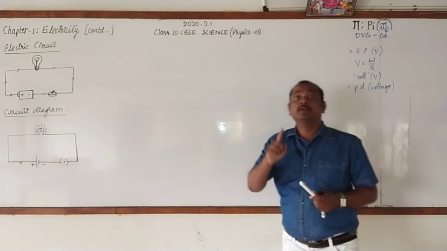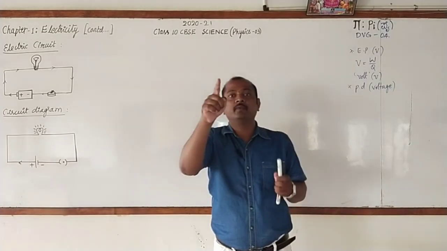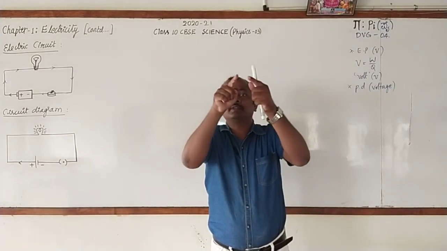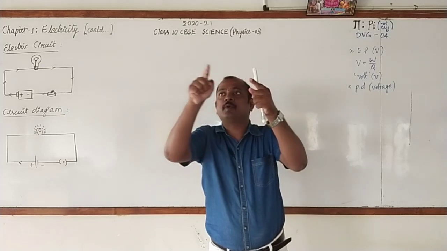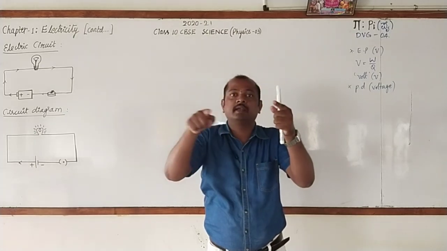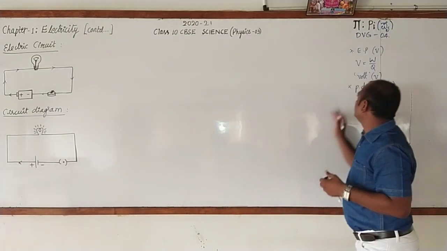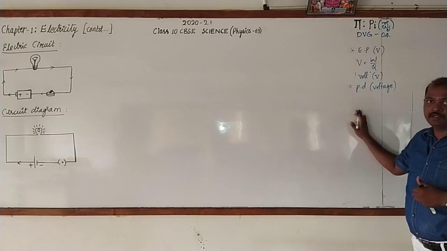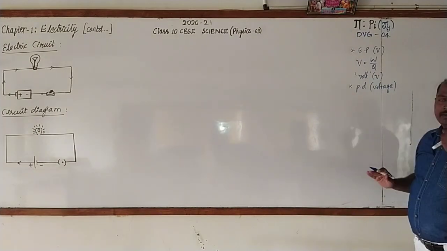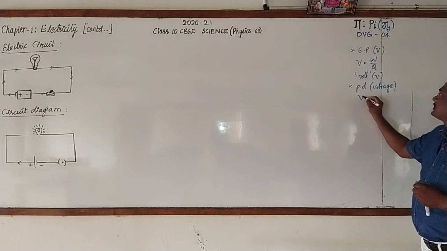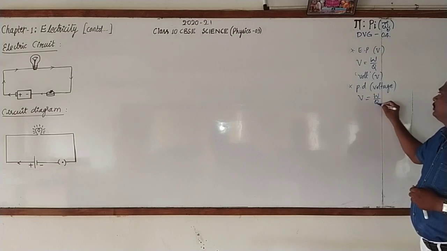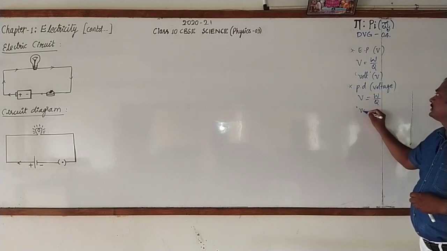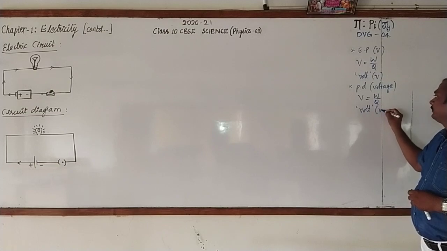It is the work done in moving a unit positive charge from one point to another point in an electric field. It is also denoted by the symbol V. The formula is the same, V equal to W by Q, and the SI unit is also the same, volt.